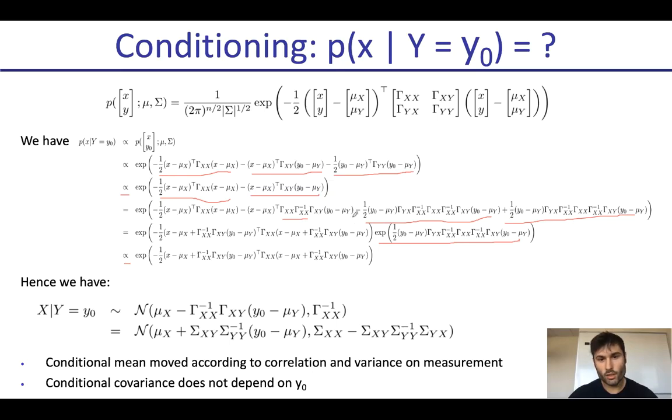Now the other terms form a quadratic. So essentially you end up finding that the conditional of x given y equals y0 gives this quadratic term, and this is again the Gaussian distribution, right?